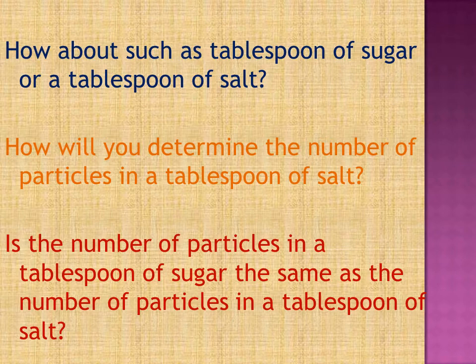No, because for sugar, C6H12O11, we take carbon, hydrogen and oxygen, but in salt we take sodium and chlorine. So we have to take the atomic mass of those elements, then only we can find the exact number, and they can differ.